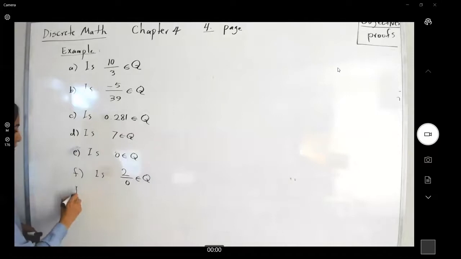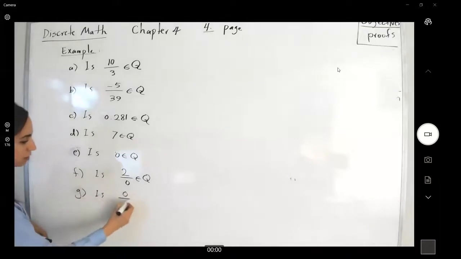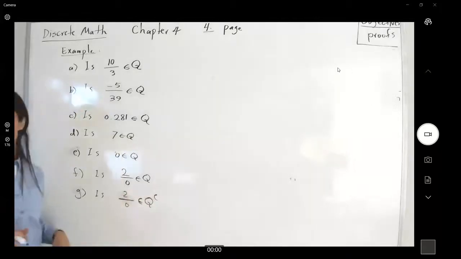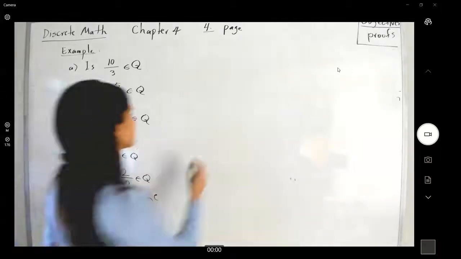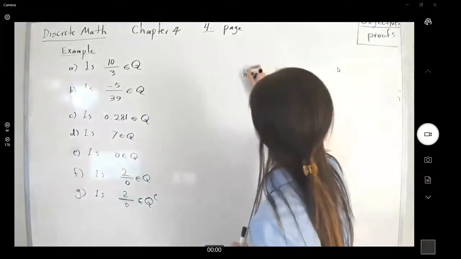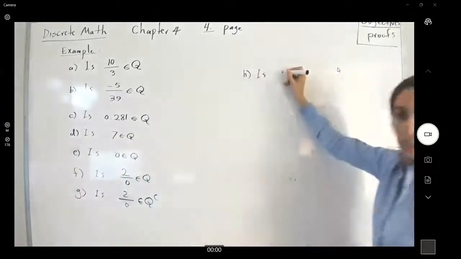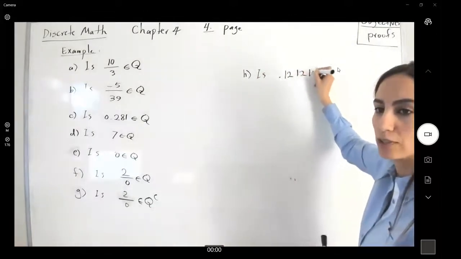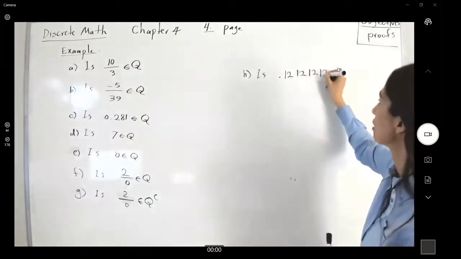What if I flip this? G, I'm sorry, what if I change this to the complement? 2 over 0 is irrational. And finally, we have 0.12, 12, 12, 12.